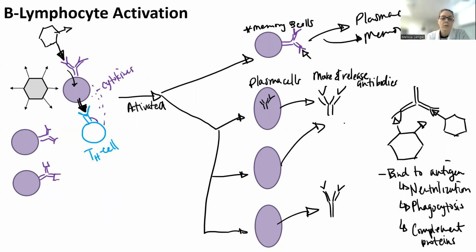This is why you're only sick for maybe 2 or 3 days, a week at most, as opposed to if you've never seen that pathogen before, when your body has to be trained on how to deal with it.